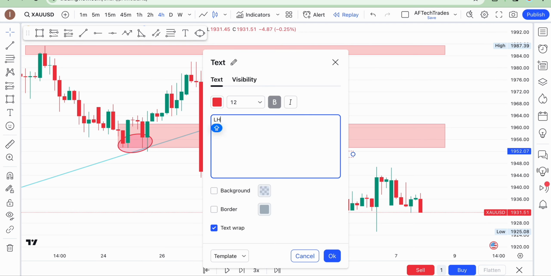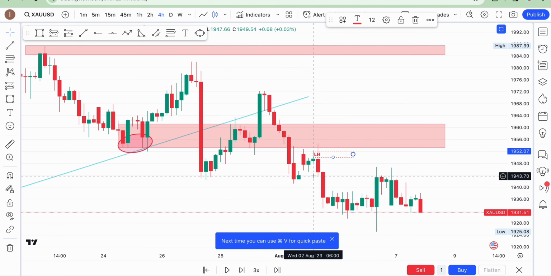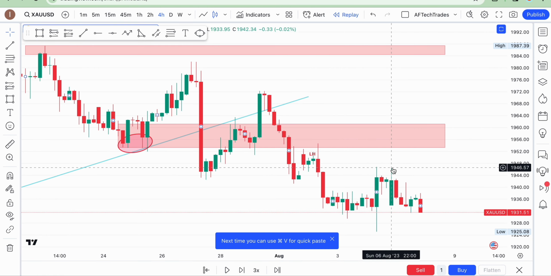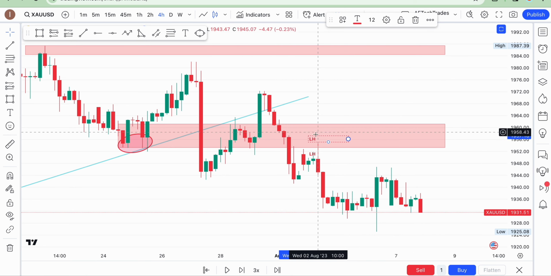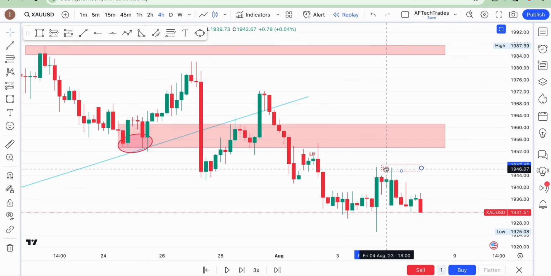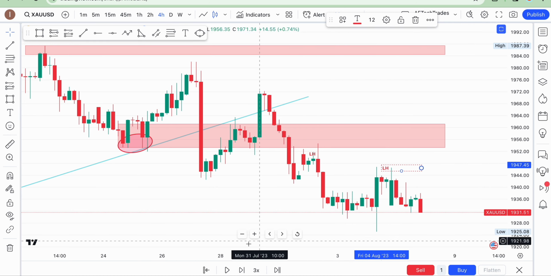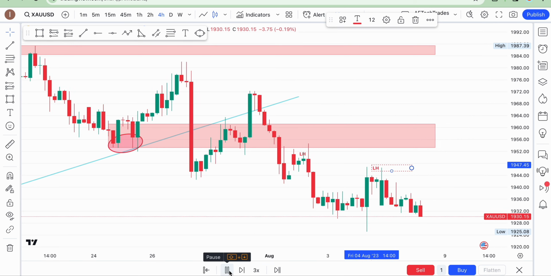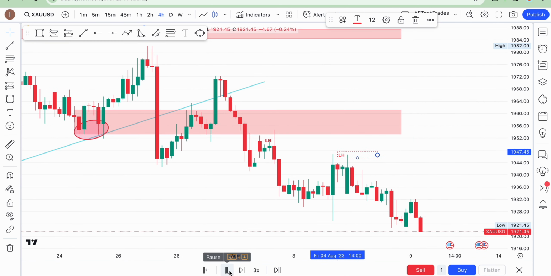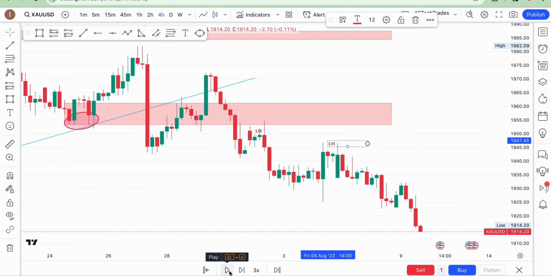This is a lower high. You can see here right there is a lower high, and here too is a lower high. Here is another lower high, right? And also lower lows, right? So since this market is forming lower high and lower low, what are you supposed to do in this market?